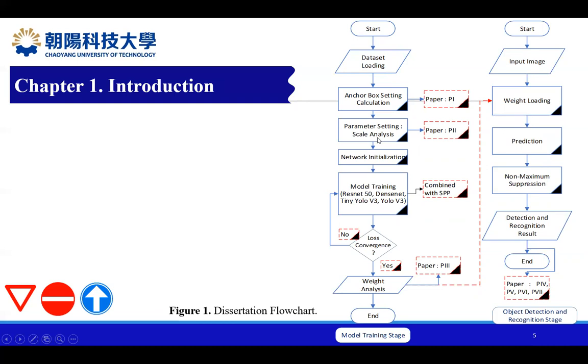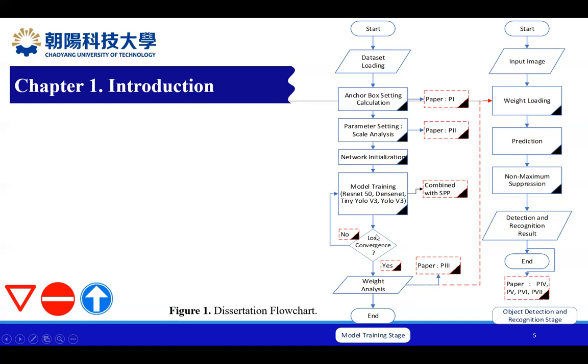Also, we do the parameter setting for scale analysis, and then the network initialization. And of course, the model training using several models, including ResNet 50, DenseNet, Tiny YOLO V3, and YOLO V3, combined with the spatial pyramid pooling.